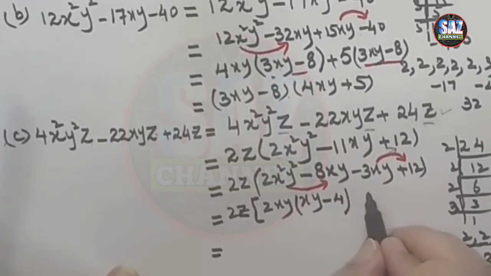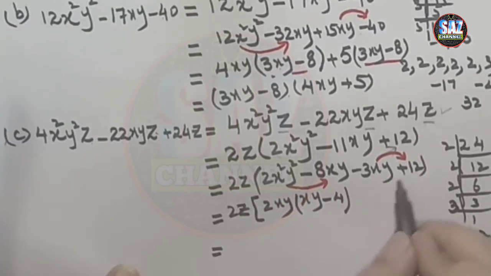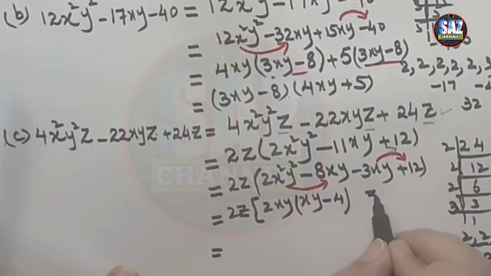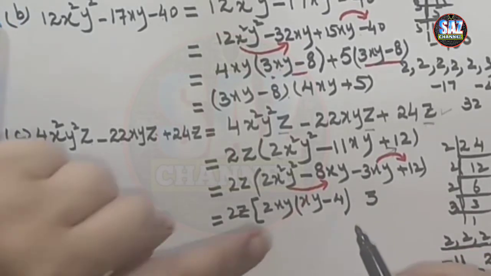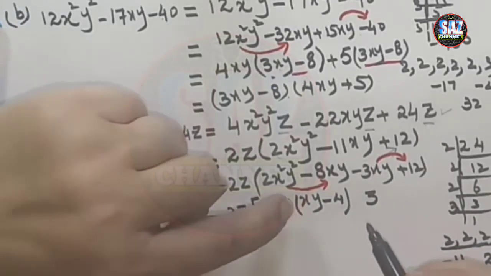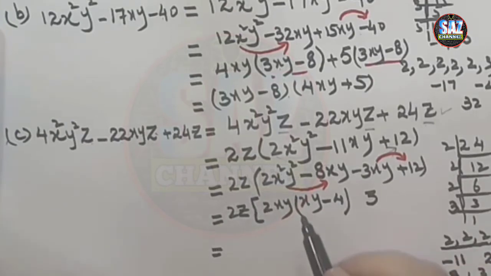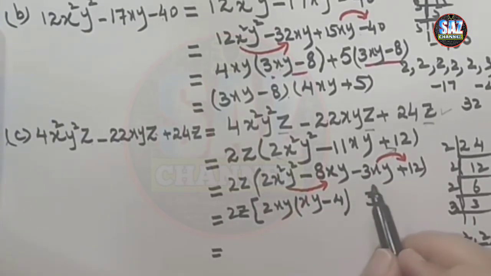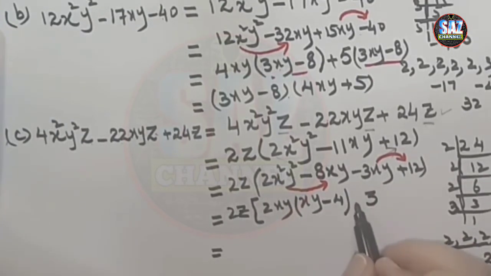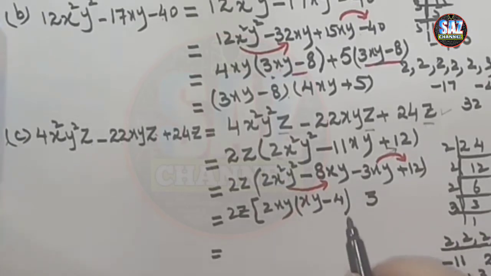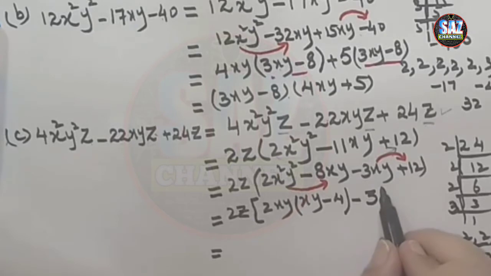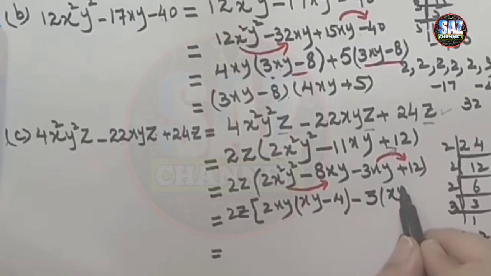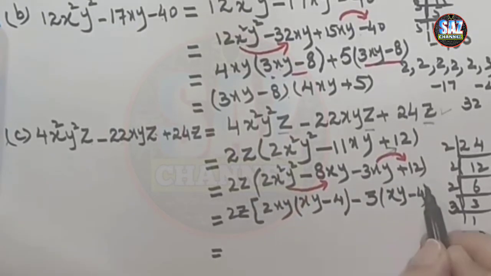Coming to the second part, from the numbers 3 and 12, 3 is common, I have to write outside. Then I have to rethink that here the first term, that is xy, has the positive sign, but here we have xy with the negative sign. So what sign do I have to write here? This is important to understand. I have to extract 3 out, and inside the bracket I will be left with xy minus 4.